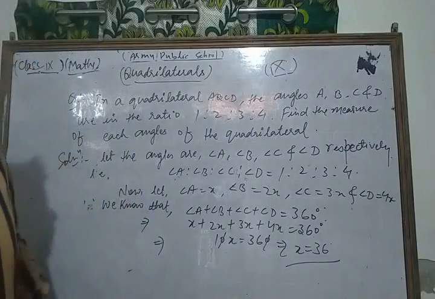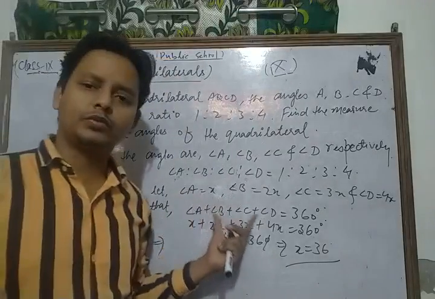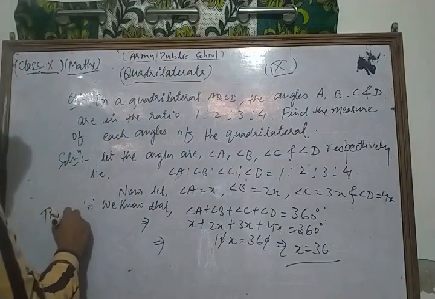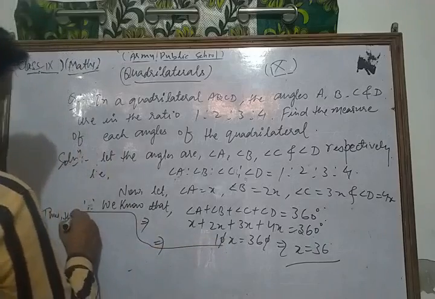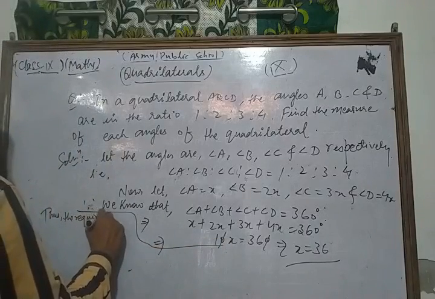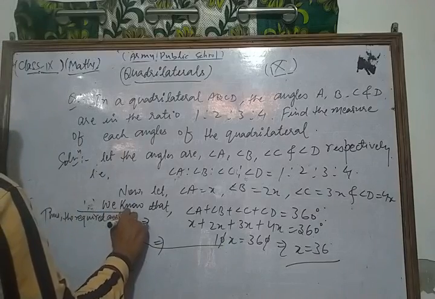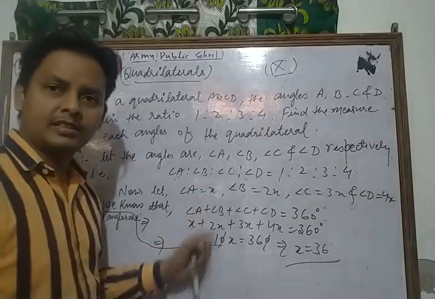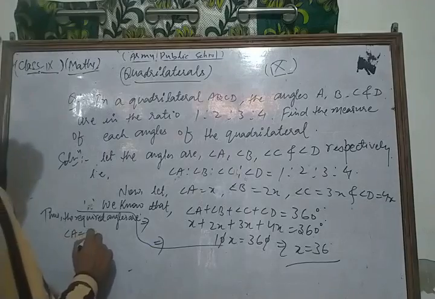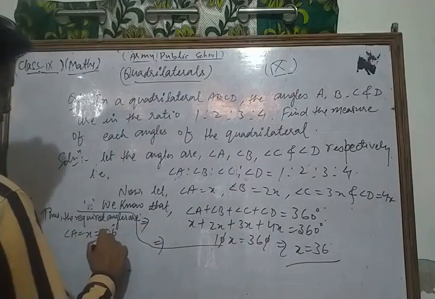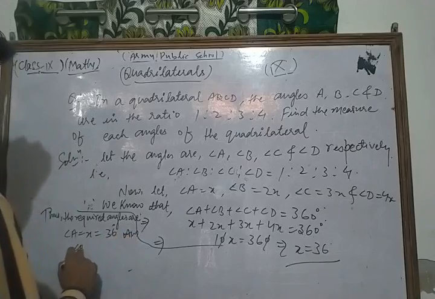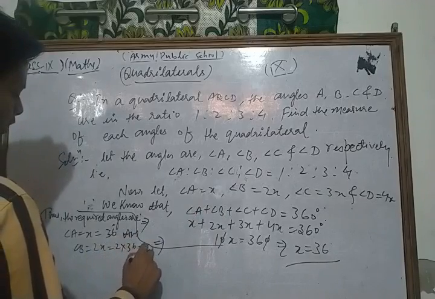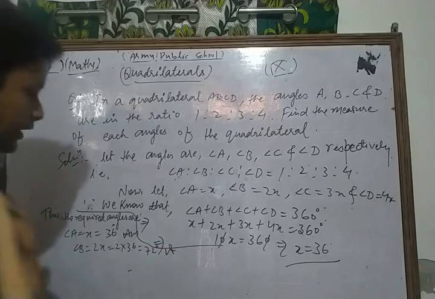Thus, in this way the required angles are: angle A is x, so the value is 36 degrees. This is the first answer. Angle B is 2x, 2 into 36 means 72 degrees.